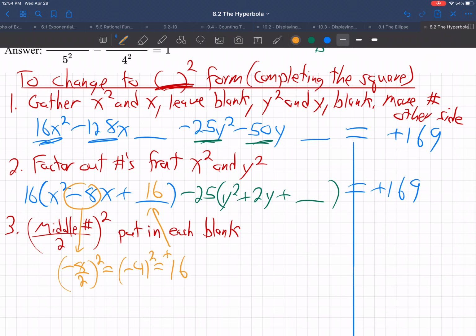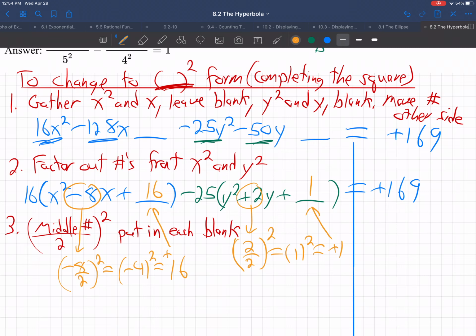Put that in the blank. Same thing here: the 2, put it over 2, middle number over 2, squared, which is 1 squared, which is 1. Put that in the blank.